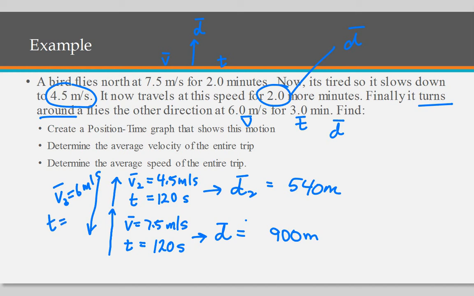So that is how many seconds? 180. Okay, 6 times 180. You get displacement 3 of 1,080 meters. Okay, so D1 and D2 are both north, but D3 is south.